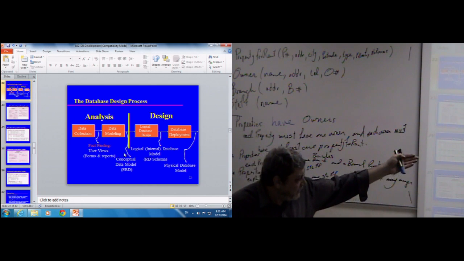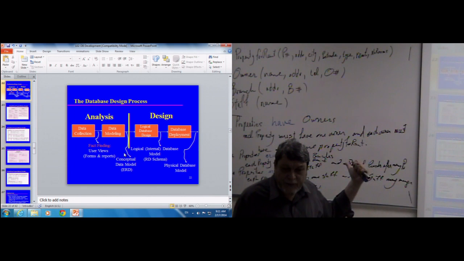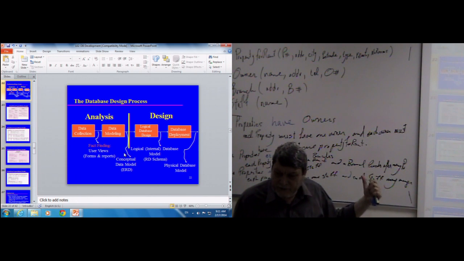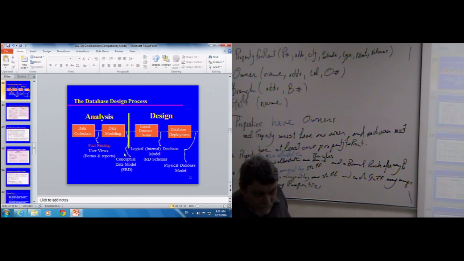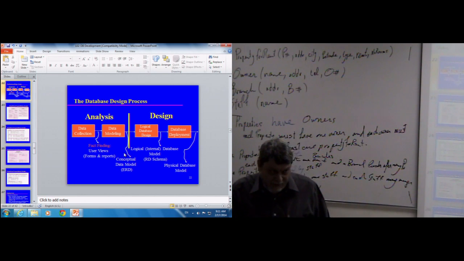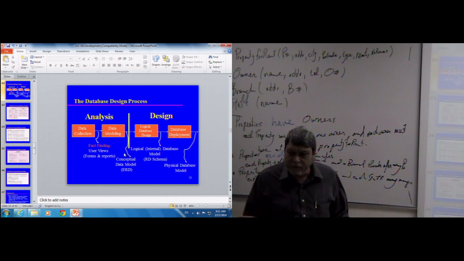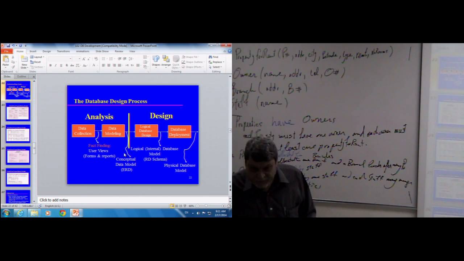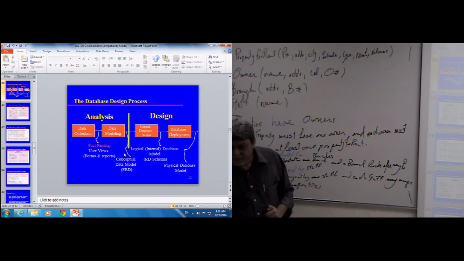So the language we are going to use to describe the conceptual model must be simple enough to be understood by the naive user, the non-professional user, and it has to be comprehensive and complete enough to be used by the designer. So this is a hard equation. This is the hard part of the story: how to find a language that satisfies both conditions, that talks to the naive and talks to the professional. This is the ERD language.